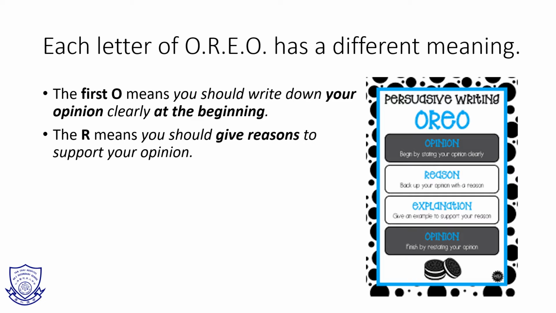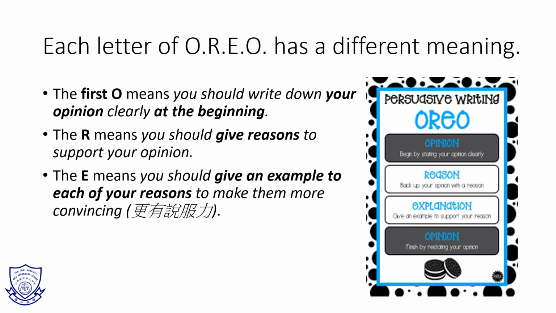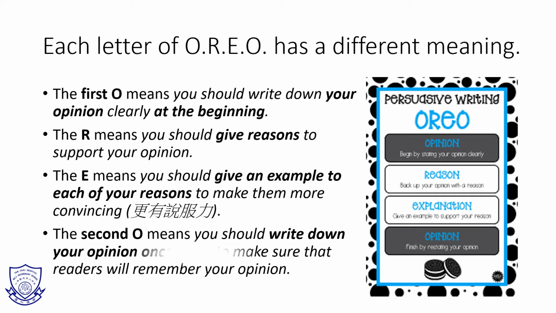The R means you should give reasons to support your opinion. The E means you should give an example to each of your reasons to make them more convincing. And then the second O, or the last O, means you should write down your opinion once more to make sure that readers will remember your opinion.